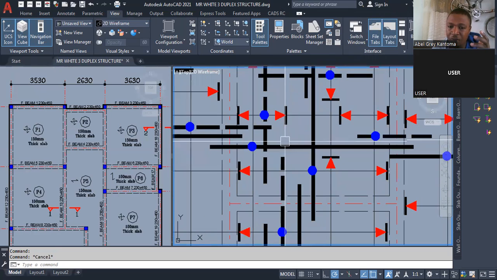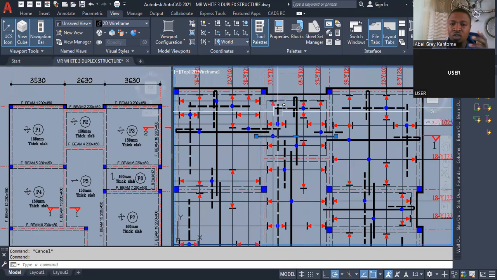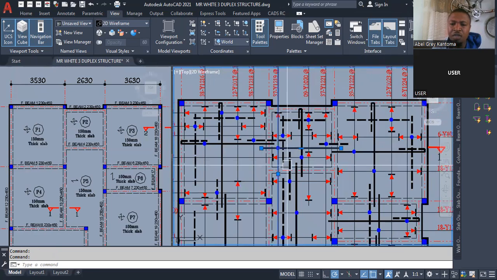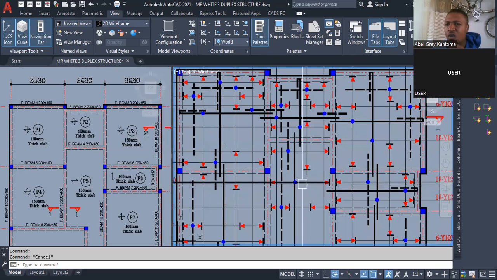So this reinforcement that I'm talking about is a Y12, but the other long one is Y10, because this panel is a one-way slab. In a two-way slab, you have your main reinforcement in both directions. But here we only have our main reinforcement in one direction.